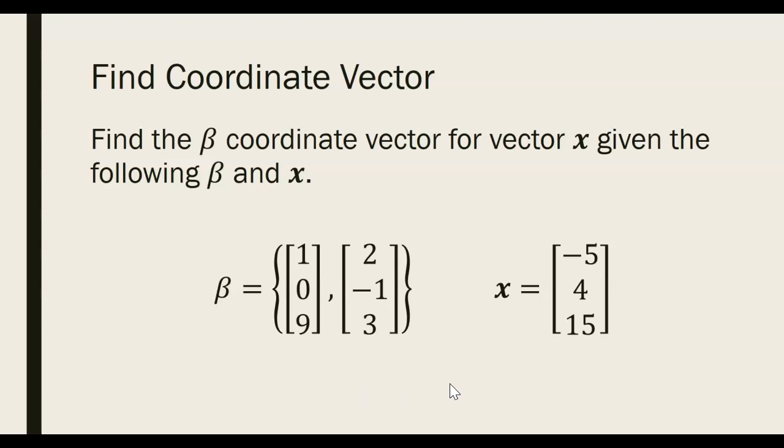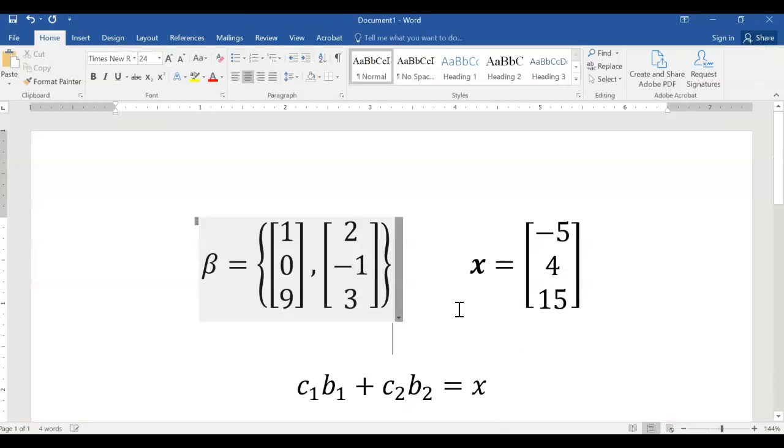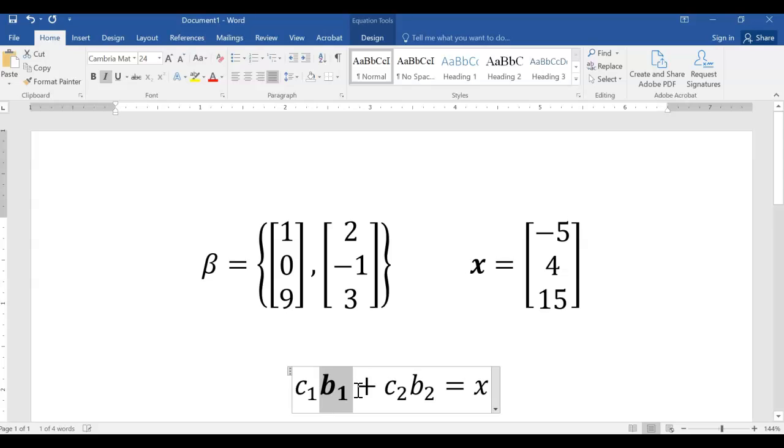All right, so essentially the whole thing comes down to writing x as a linear combination of my two basis elements.